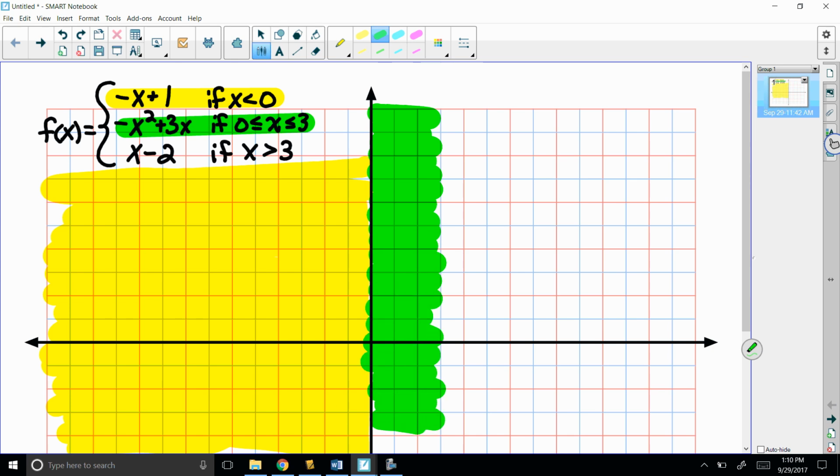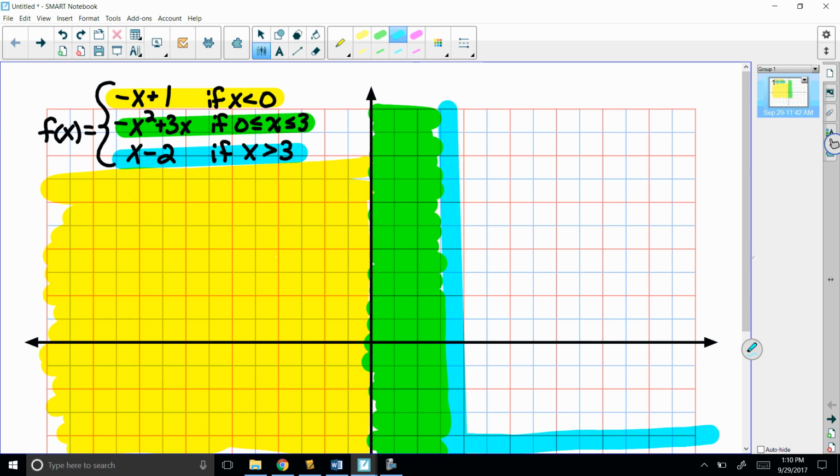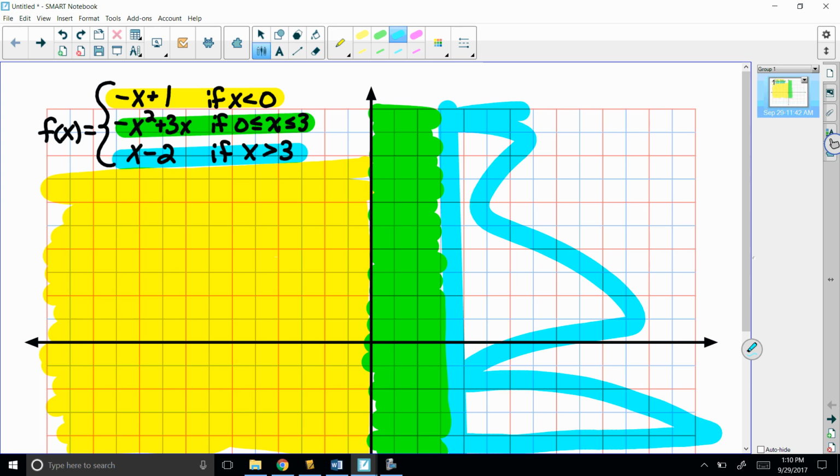So anything in this green x range, known as the domain, I am going to graph negative x squared plus 3x. Then we have our third domain, which is when x is greater than 3, and that is going to end up being the graph of everything over here, wherever x is greater than 3.